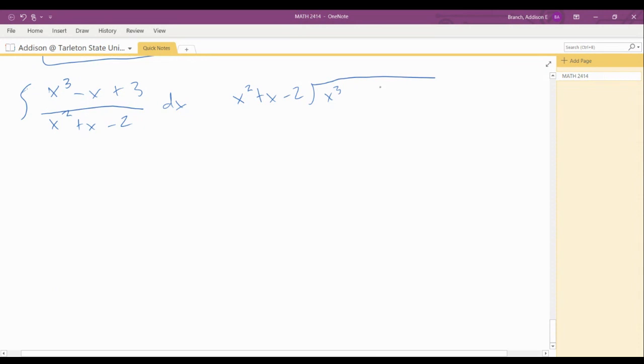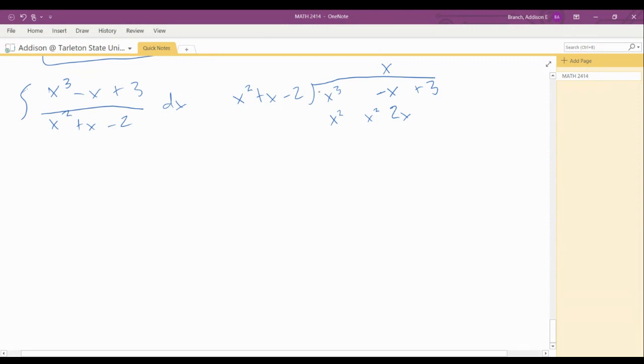I'm going to leave a big blank for that, 0x squared minus x plus 3. In order to get to that x cubed, we need to multiply this whole piece with x. So we're going to get x cubed, x squared, and then 2x. We put our x up here.